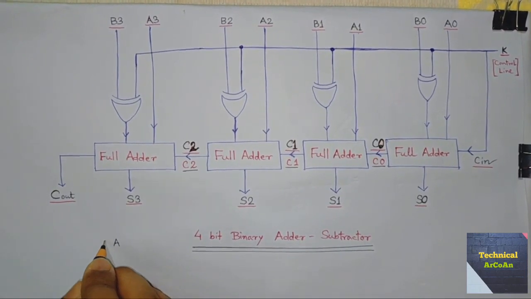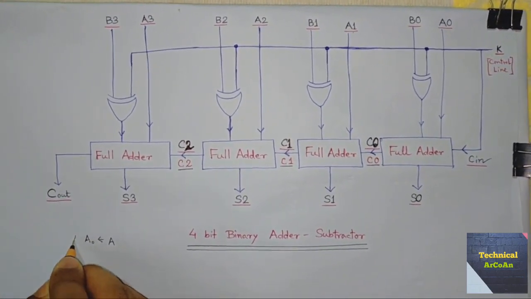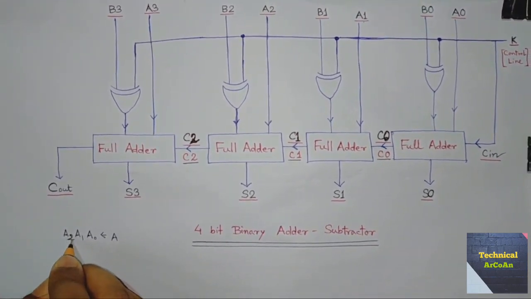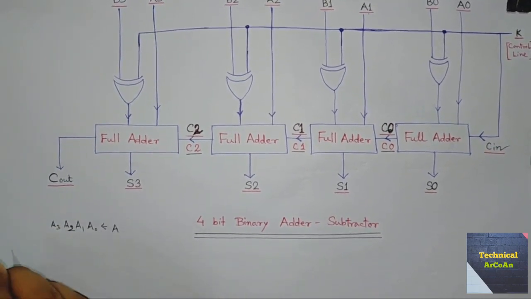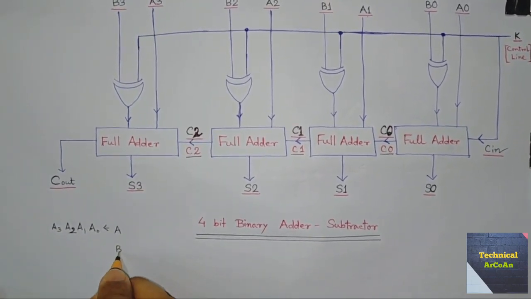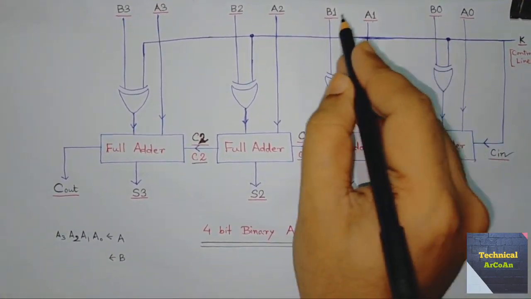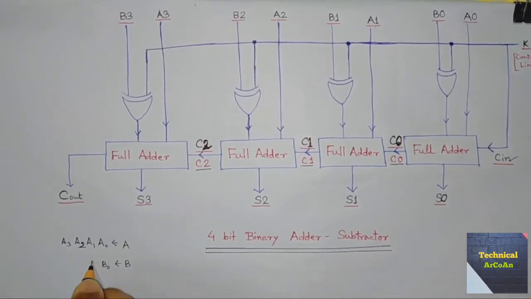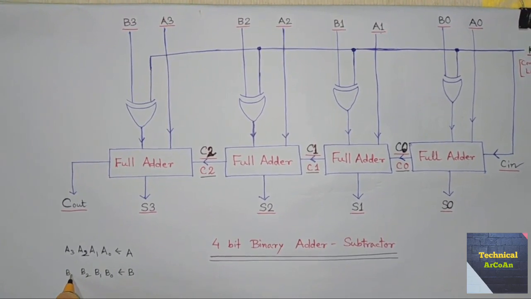This is a binary number consisting of 4 bits, and we take them from right to left: A0, A1, A2, A3. In the same way we take another 4-bit binary number, B0, B1, B2, B3, also from right to left.